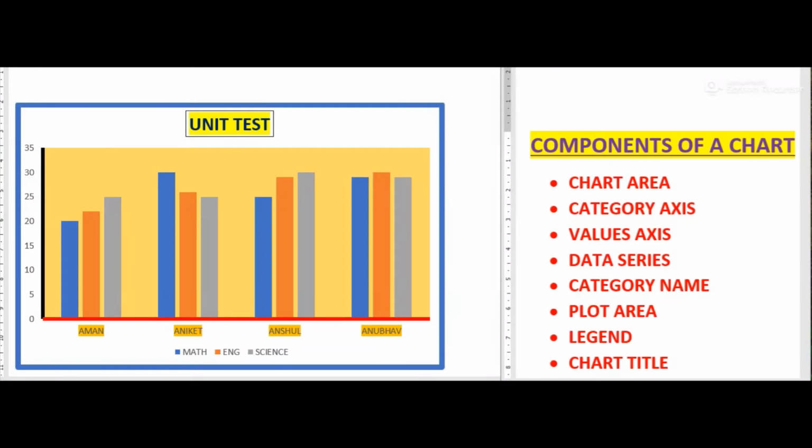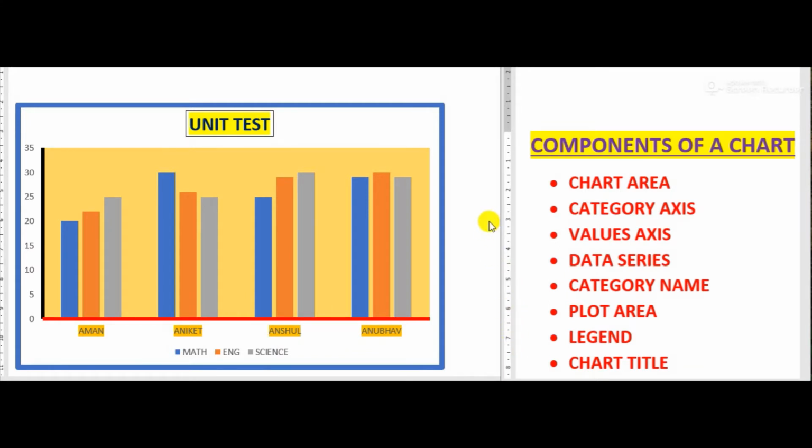The next topic is components of a chart. Using this chart I will indicate all the components of a chart. We can observe here that these are the components of a chart, like chart area, category axis, value axis, data series, etc. The first component is chart area. What is chart area? Chart area includes all the area and objects in the chart.